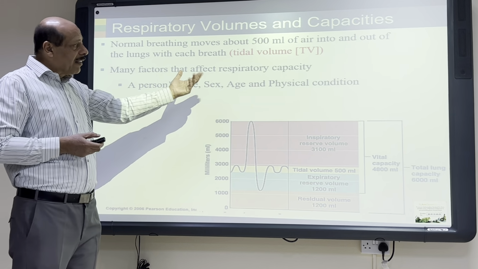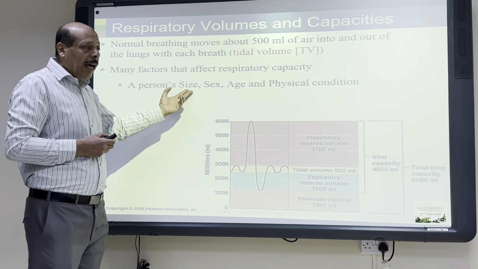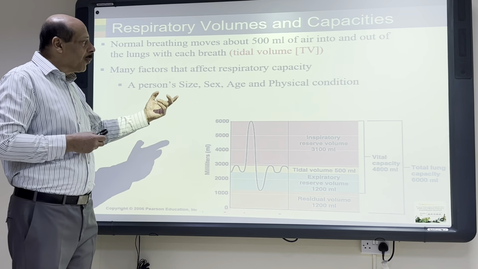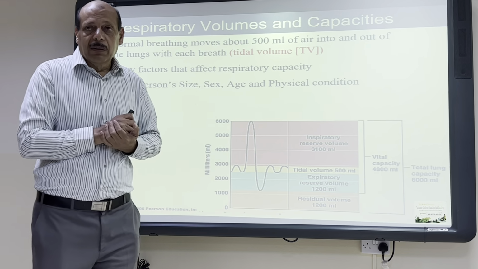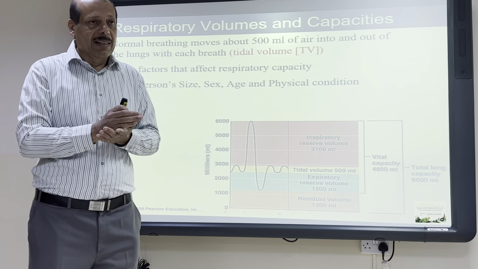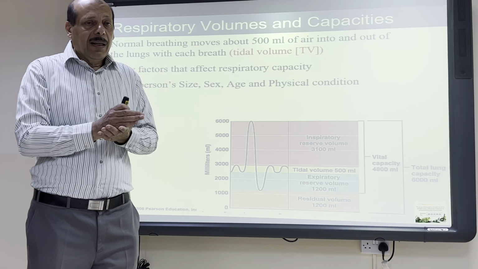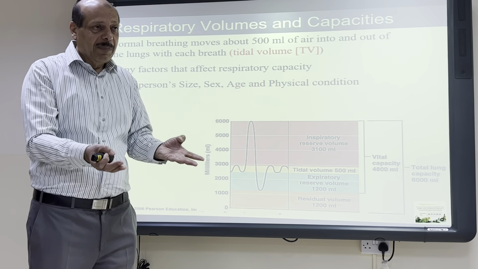Many factors affect respiratory capacity. Some from that, the size of the body build. You know, as human beings, we have different sizes. And this also affects the size of the lung.